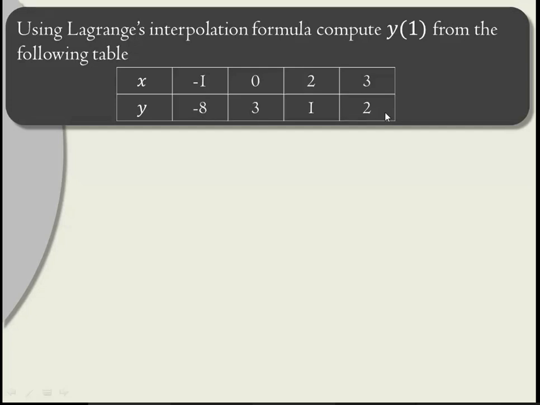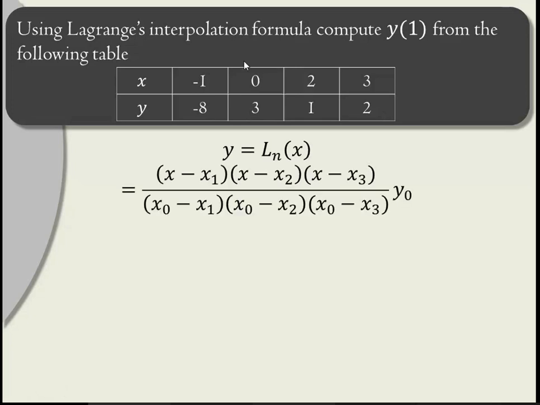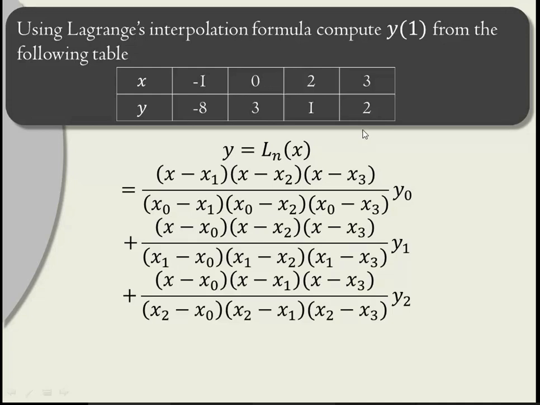Okay, so the Lagrange's polynomial will be containing 4 terms. The first term will be x minus, take all the rest of the terms, x minus x1, x minus x2, x minus x3, and divided by, subtract all the values of x from x naught.